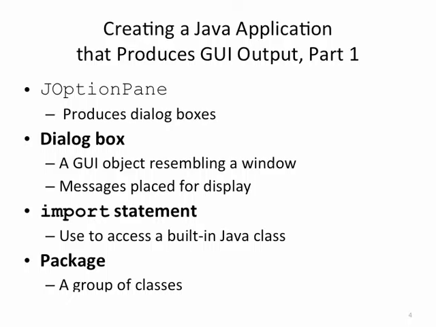JOptionPane contains a bunch of methods that can be used for creating a dialog box, and it's a GUI window that appears on the screen, and you can put a message in there or get some input from the user. In order to include the JOptionPane, you have to have an import statement at the top of your Java program, and we will demonstrate this in class, and that's to include the definition of JOptionPane.